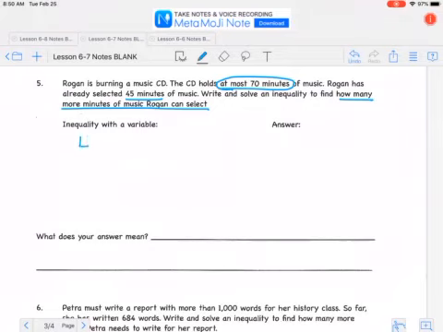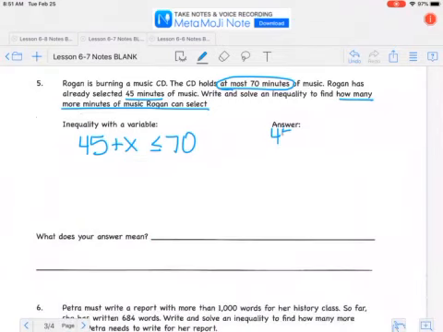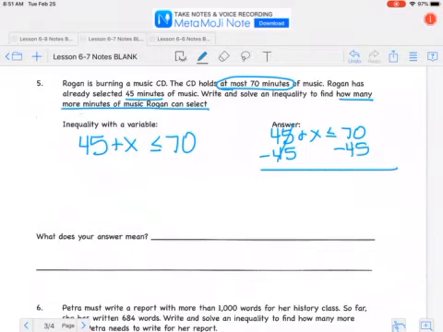So he already has 45, and at most, he cannot have any more than 70 minutes. So we'd have 45 plus x is less than or equal to 70. We would subtract 45. So we have x is less than or equal to 25.